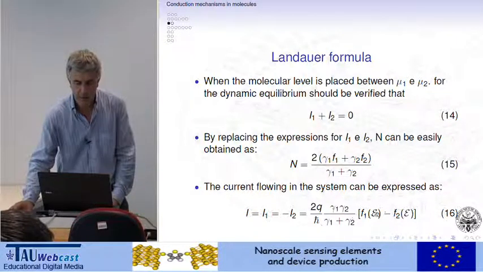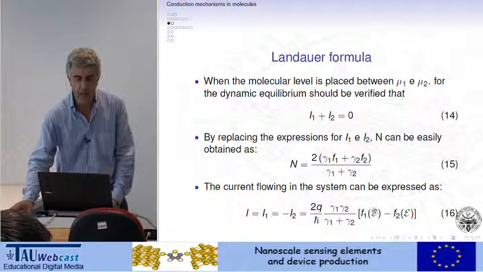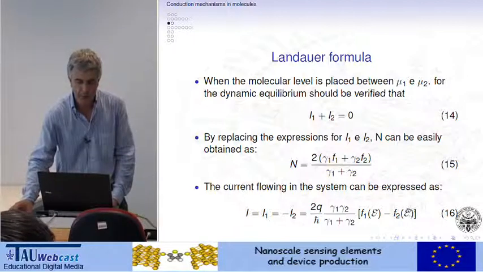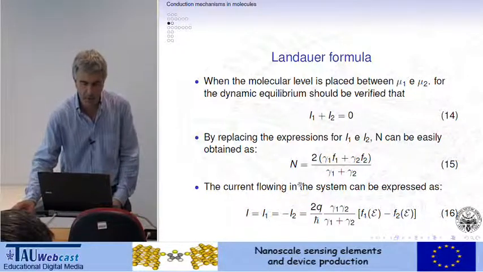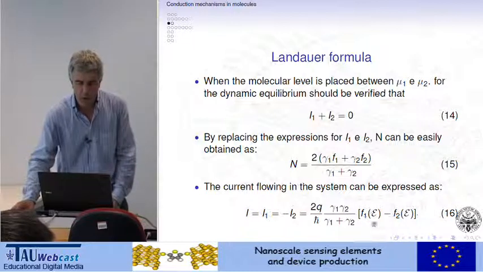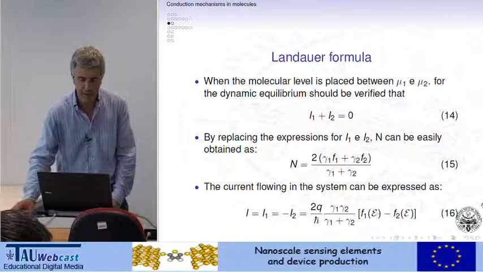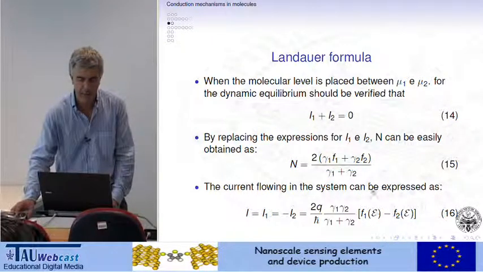two numbers are constant, because as you see, the energy E is a well-specified energy, the molecular level used to evaluate current. So the problem is, if you know exactly the value of the molecular level E, you can estimate current simply by evaluating the Fermi distributions F1, F2 for this energy.